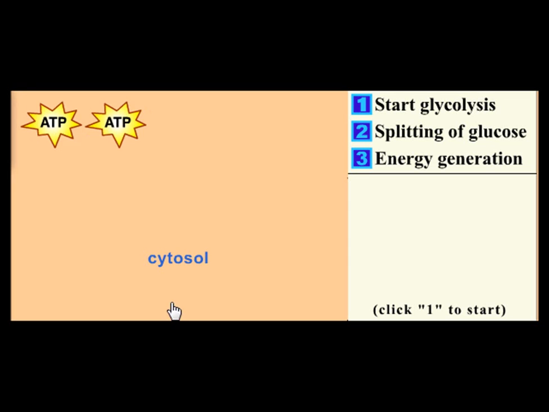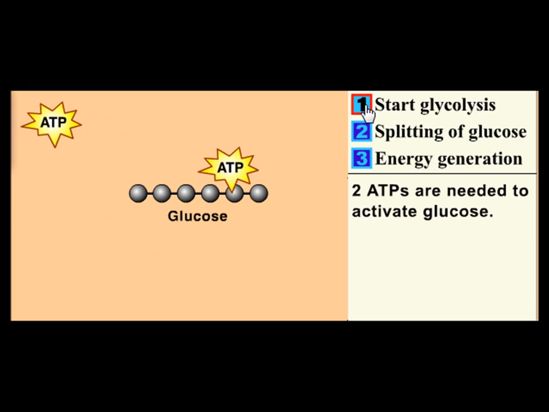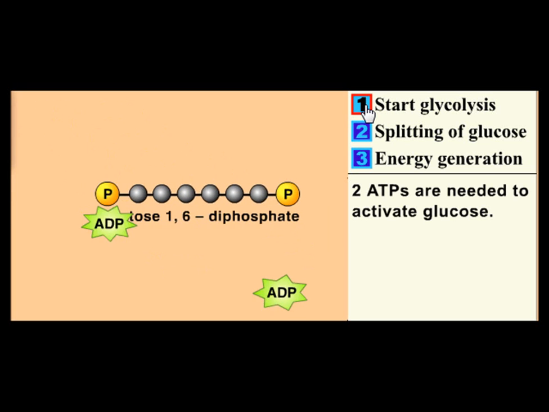Recall that glycolysis occurs in the cytosol. For the initial start of glycolysis, we must have 2 ATP molecules. These 2 ATP molecules are involved in the energy investment phase. So if we watch a simple animation on this, we can see how ATP comes in and phosphorylates our glucose.